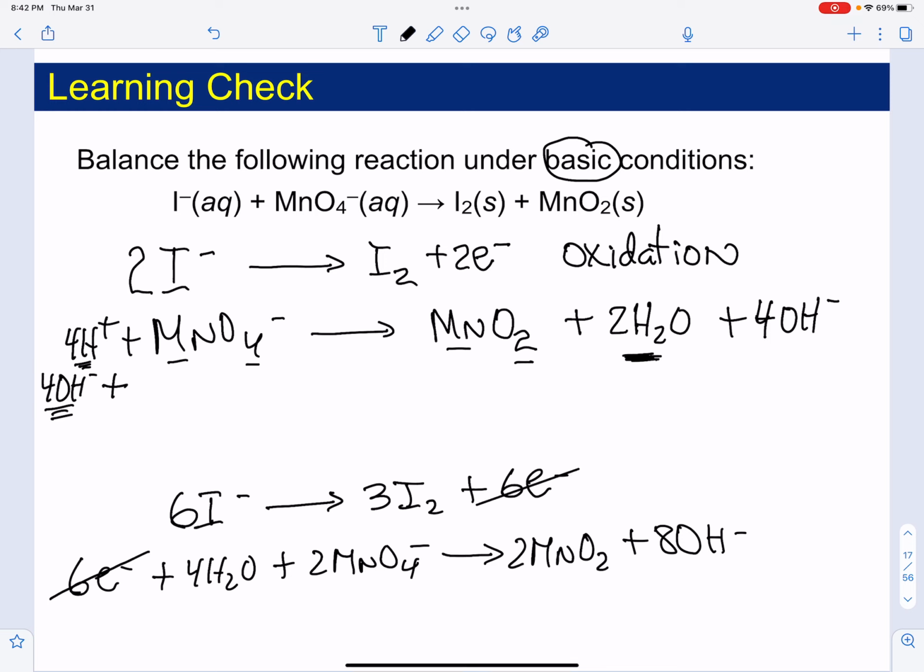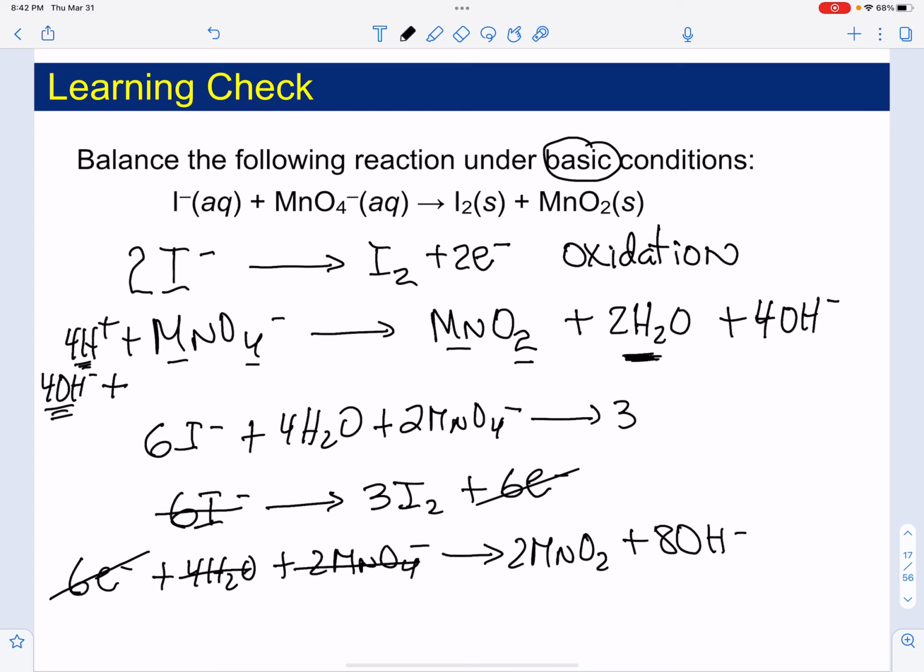So we're going to end up with 6 iodides plus 4 waters plus 2 permanganates, producing 3 iodines plus 2 manganese 4 oxide plus 8 hydroxides.